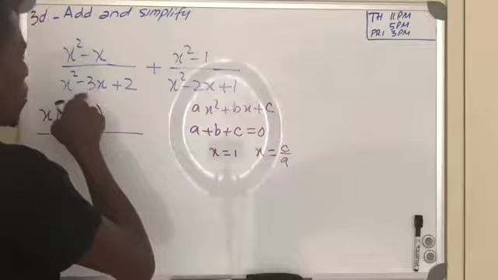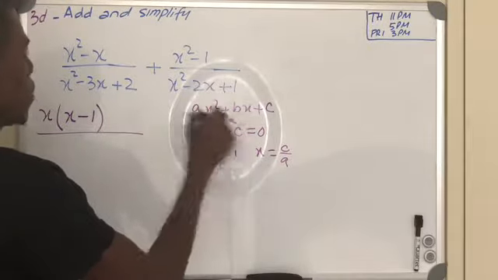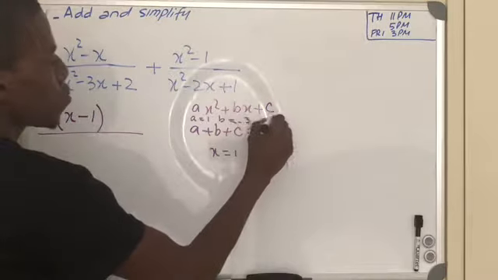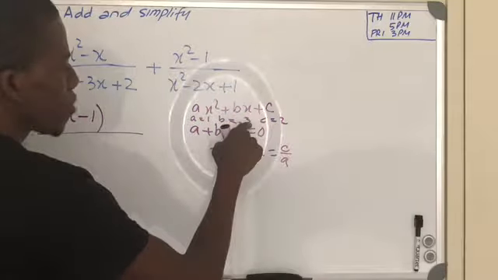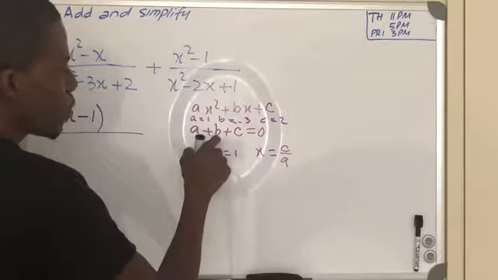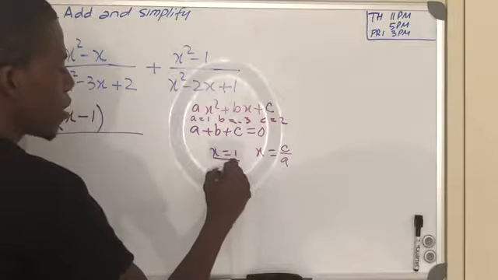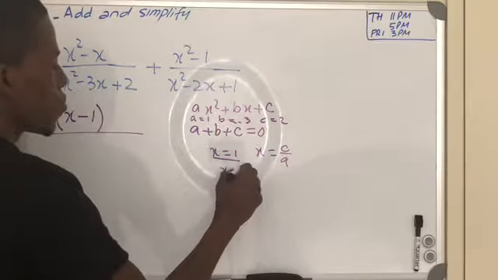In this case, a is equal to 1, b is equal to minus 3, c is equal to 2. So 1 plus 2 is 3, minus 3 is 0. We can see that a plus b plus c is equal to 0. So one of the x is 1 and the other x is equal to c over a, which is 2.